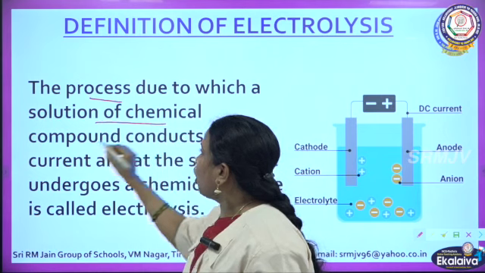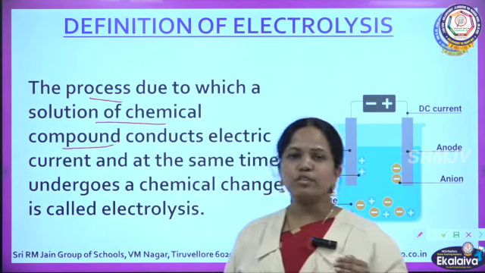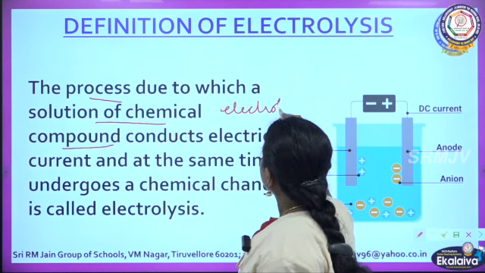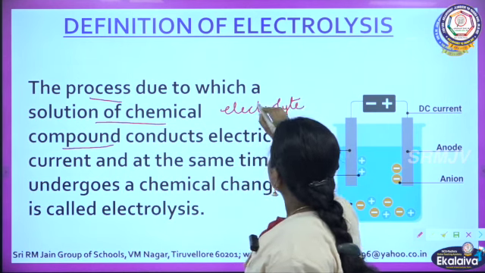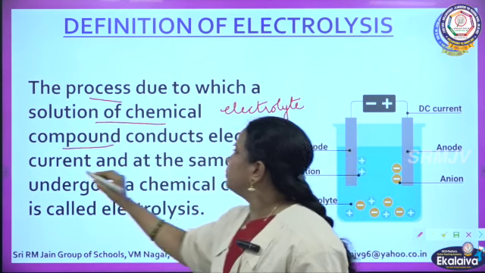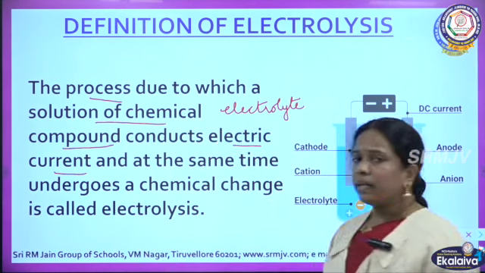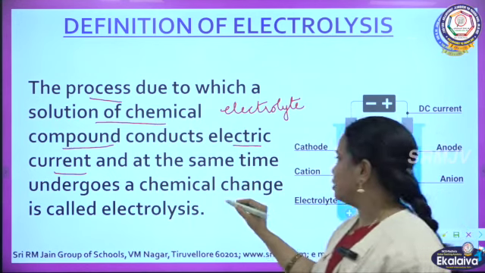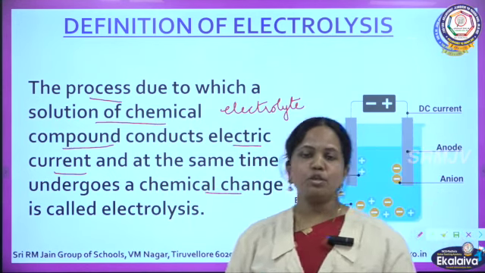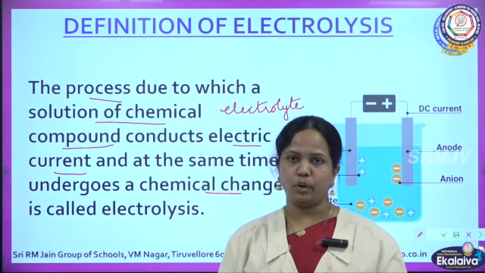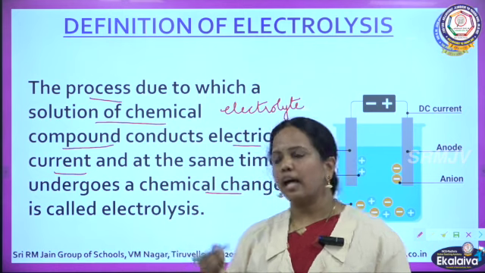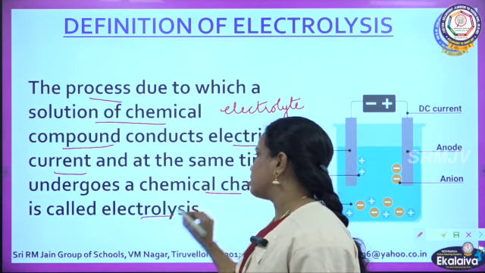Solution of chemical compound here refers to an electrolyte, which is capable of conducting electric current and at the same time undergoes chemical change. Chemical change is one in which the substance loses or gains electrons, that is, both oxidation as well as reduction occur in this process.